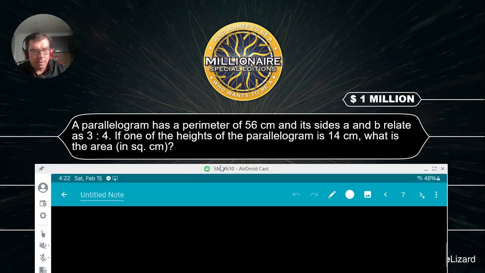The perimeter of a parallelogram is 2A plus 2B, and that is 56. So if I divide by 2, I'll get A plus B equals 28.